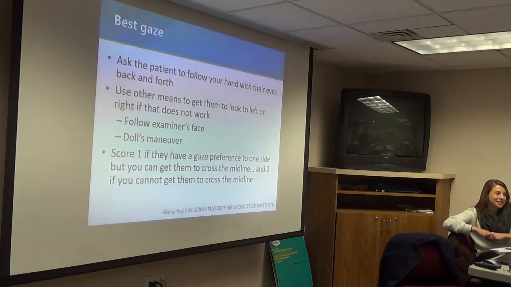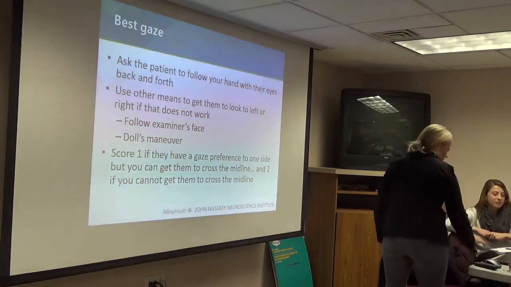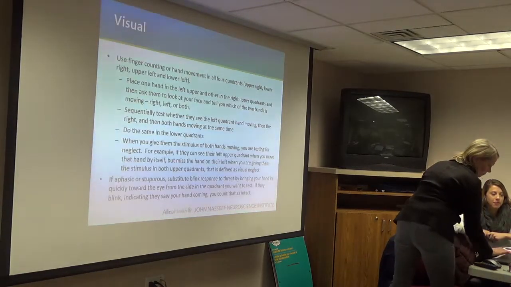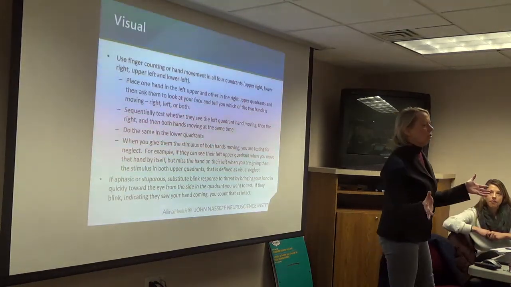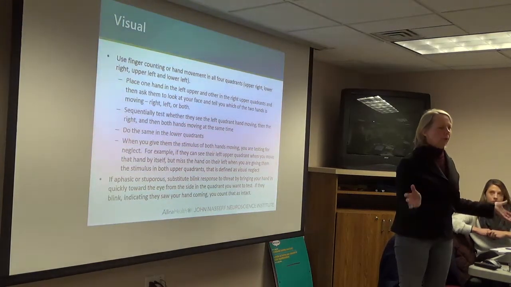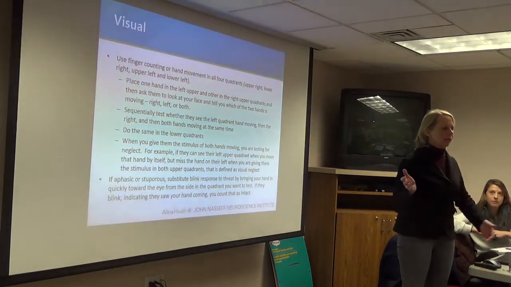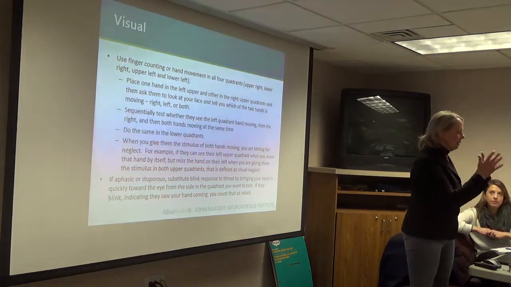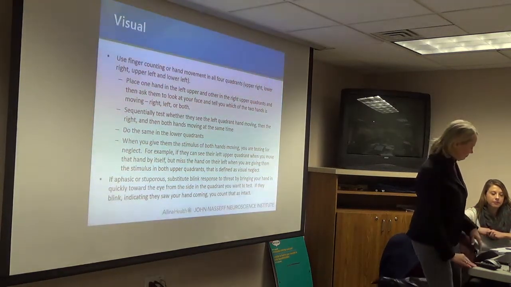So you have to look closely for it. But that's how you test that. So in that kind of a comatose situation, you're probably either going to use 0 or 1. So they either have intact eye movements or they're not moving at all and you give them a 2.